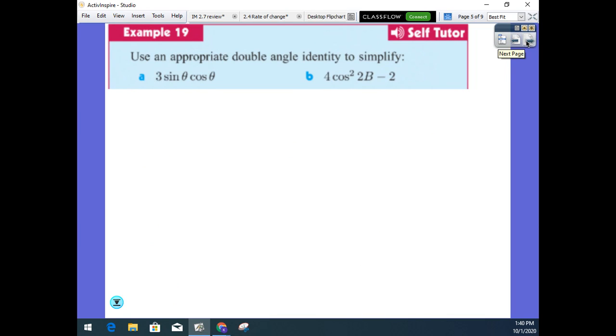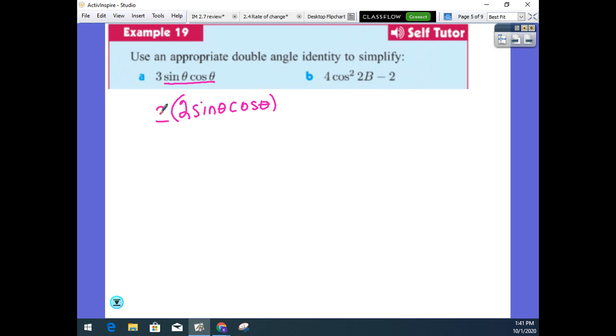All right, last one. Which is the one identity that uses sine times cosine? It's 2 sine cosine. Well, what could I multiply this by to get 3 sine cosine?